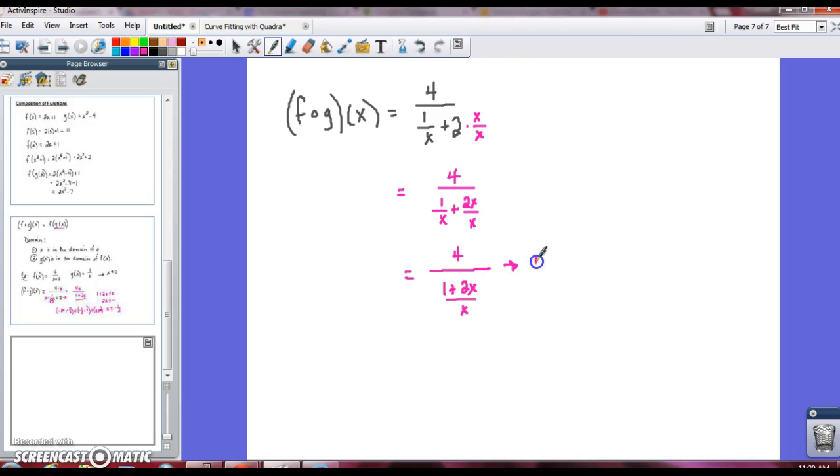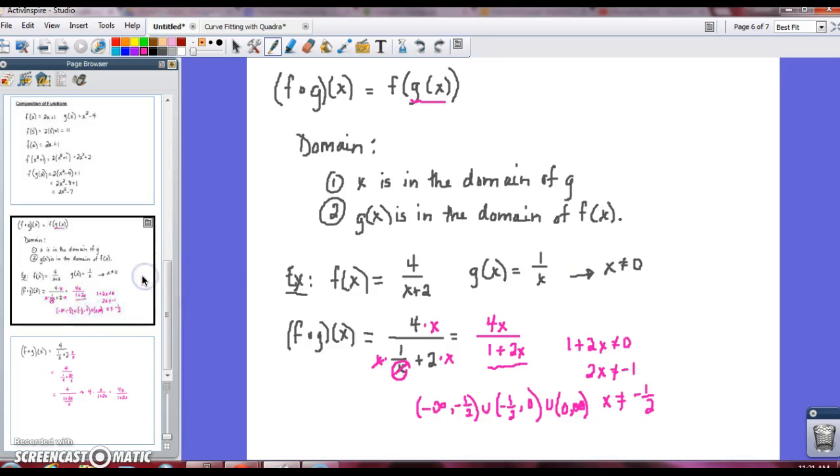Remember, division is just multiplying by the reciprocal, x over 1 plus 2x. And so that gives you 4x over 1 plus 2x, which was the same thing that we got here.